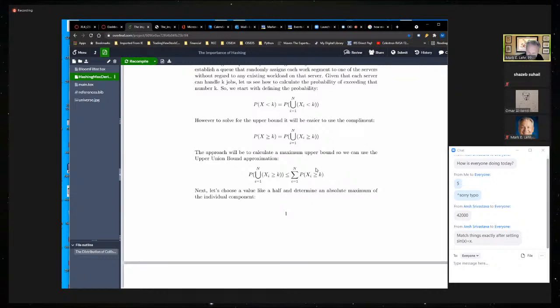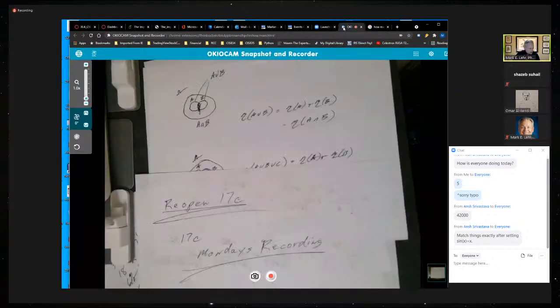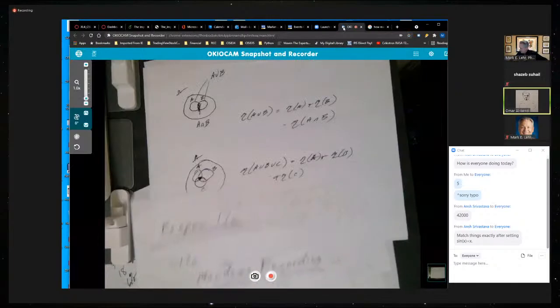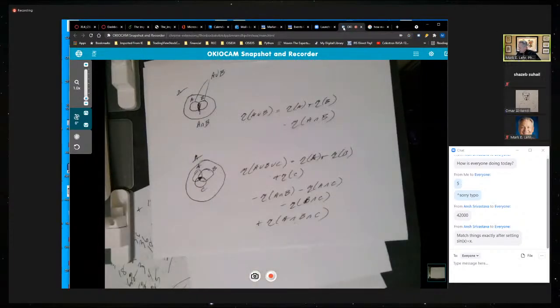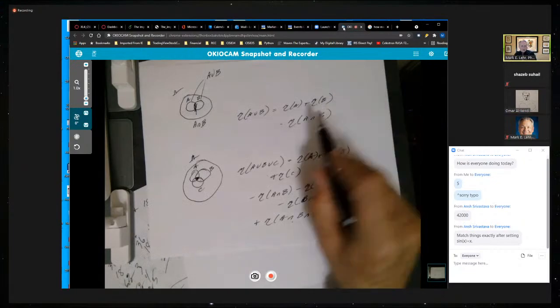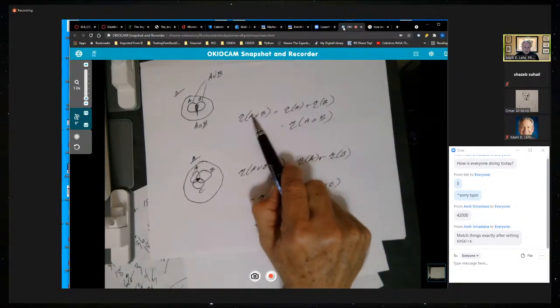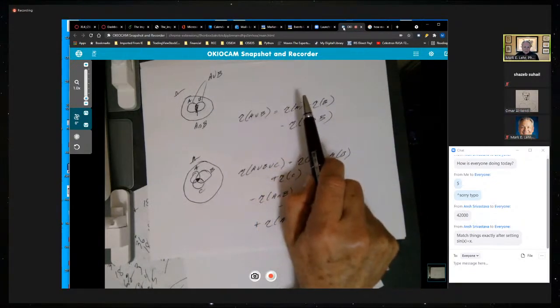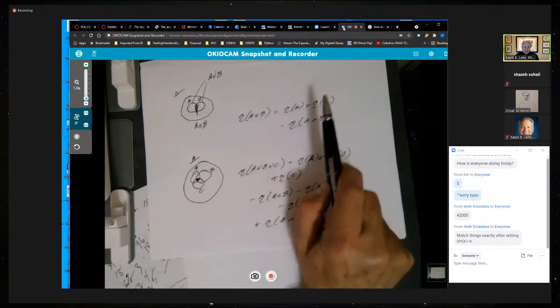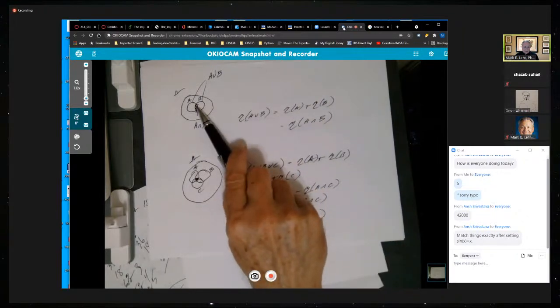And the reason why is I'll go and show you that, so let me take this little guy here. Because of overlap. In other words, the union of A and B is equal to the addition of A and B, but you subtract off the intersection.